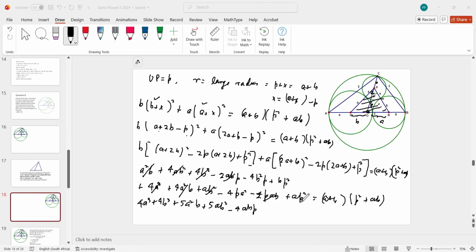What else? What are the survivors here? Then you've got, oh yes, you've got minus 4p. I can put minus 4p into a squared plus b squared.